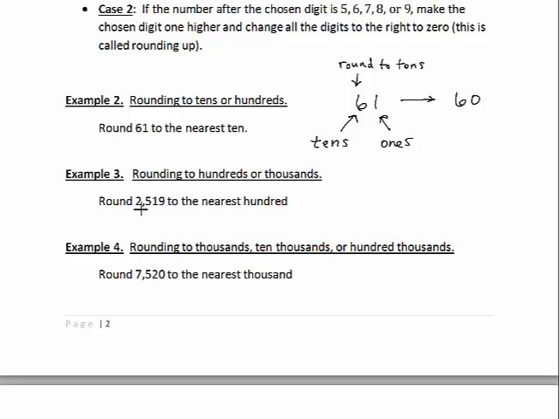Example 3. New number, round 2,519 to the nearest hundred place. Alright, so I'm not going to label all of the places. I'm just going to simply draw an arrow to our hundreds place. Okay. A 5 is sitting there. And we were told here that we want to round to the nearest hundred. Well, if we look at this number 5, that means we have 500.